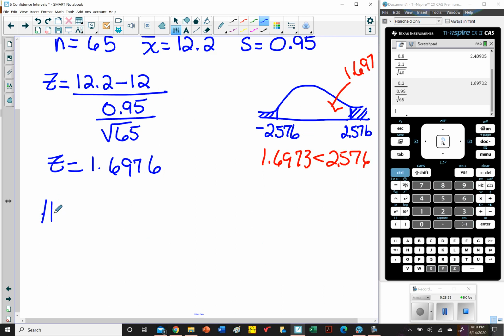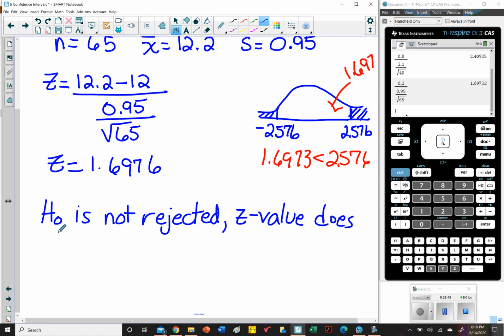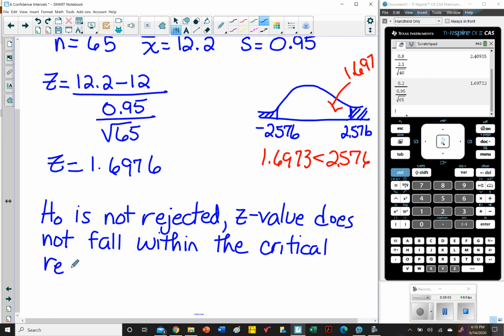So the H0 is not rejected, because the z-value does not fall within the critical region. There's not enough evidence to reject the claim of 12 ounces of natural juice in every can.